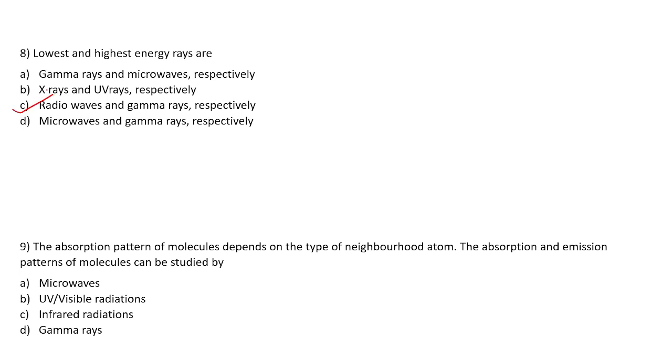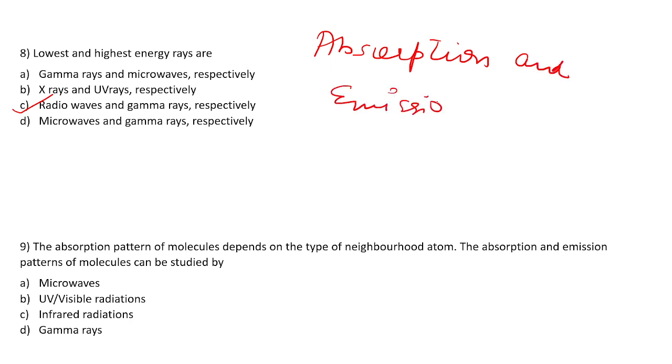Next question is, the absorption pattern of molecules depends on the type of neighborhood atom. The absorption and emission patterns of molecules can be studied by... We have to study the absorption and emission patterns.